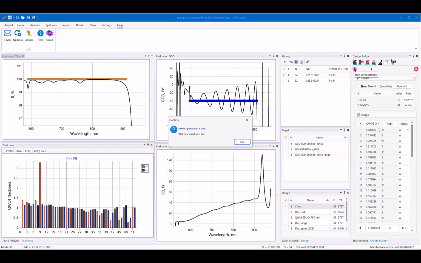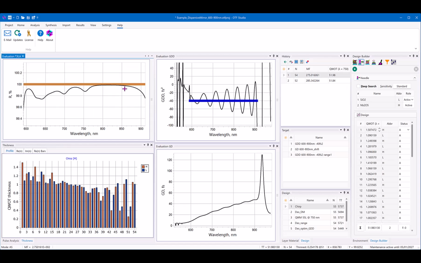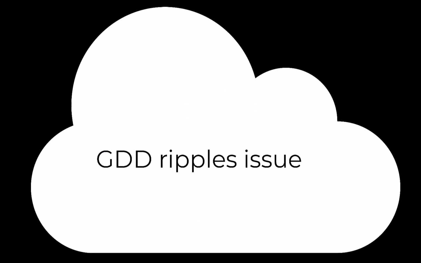It operates very fast, and very fast I obtain a solution, 54 layers in the history, no thin layers, no thick layers, high reflectance in the entire spectral range of interest, starting from 99.6, and the group delay dispersion is oscillating or fluctuating around the target value of minus 40 femtosecond square.